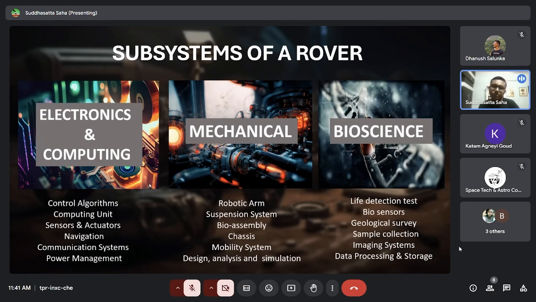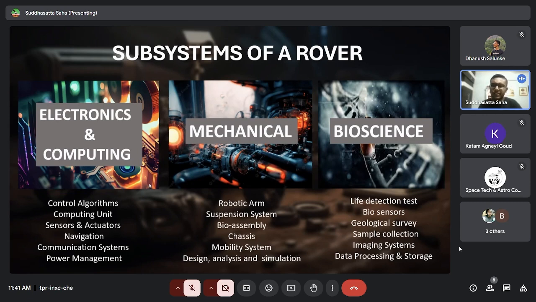And now finally we come to another aspect which deals with the scientific investigations conducted by the rover, the scientific experiments. So it is the bioscience domain, the subsystem. The bioscience subsystem also deploys engineers from both the electronics and computing domain and the mechanical domain, because we need to build hardware and software for the rover to conduct experiments related to detection of life, which is very interesting, extraterrestrial life, potential for having water and so on.